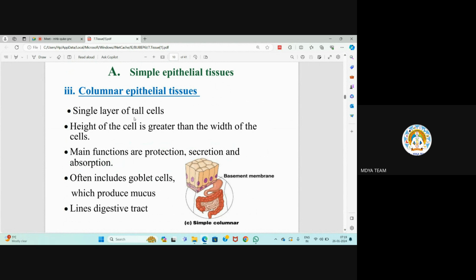In the stomach, hydrochloric acid, HCl, is secreted, which is highly acidic, and it would damage our body if we did not have a mucous layer in the stomach. So these goblet cells produce mucus, and these goblet cells are present in columnar epithelial tissue.